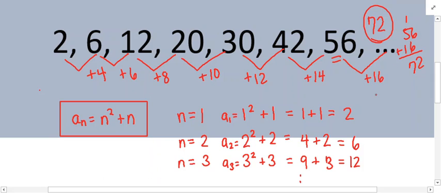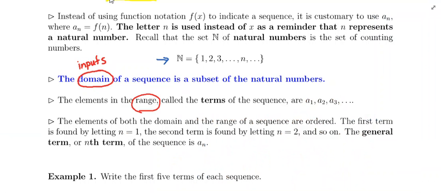Okay, if we go back to this, if we look at our sequence here, when my input was 1, my output was the first term of the sequence, a1. Okay, when I plugged in n equals 2, the next counting number, my output was the second term of the sequence, 6. When I plugged in n equals 3, the third counting number, my output was a3, the third term in the sequence, okay? So you plug in a counting number, those are your inputs.